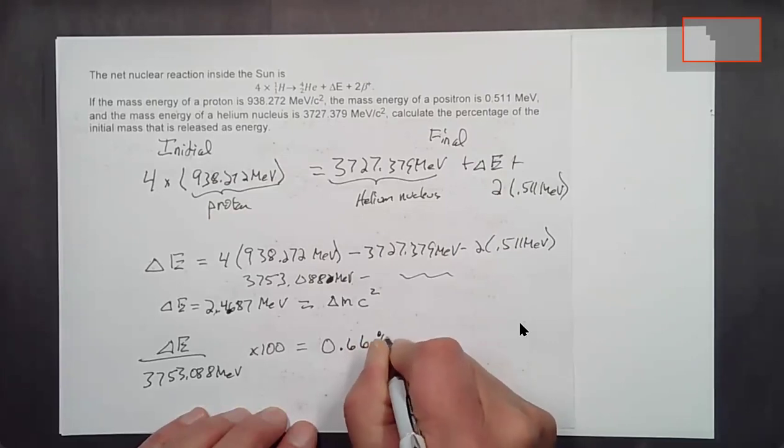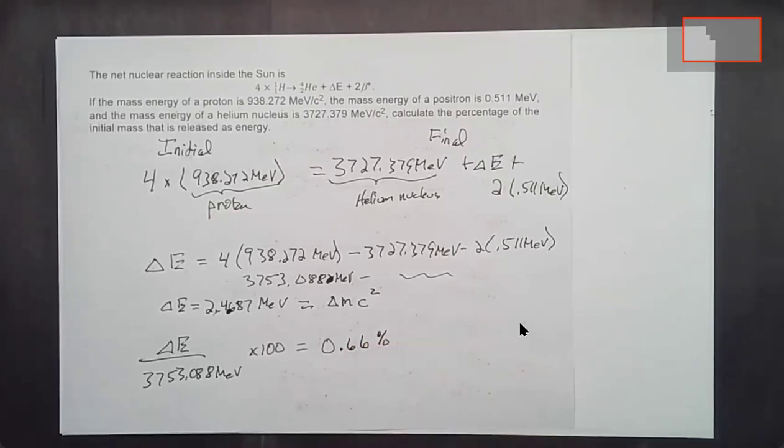0.66%, which doesn't sound like much, but there are something like 10 to the 37th reactions per second that are producing those particles in the core of the sun. So that's a lot of energy, and it ends up being something like roughly 3.4 times 10 to the 26th watts is the power output of the sun.